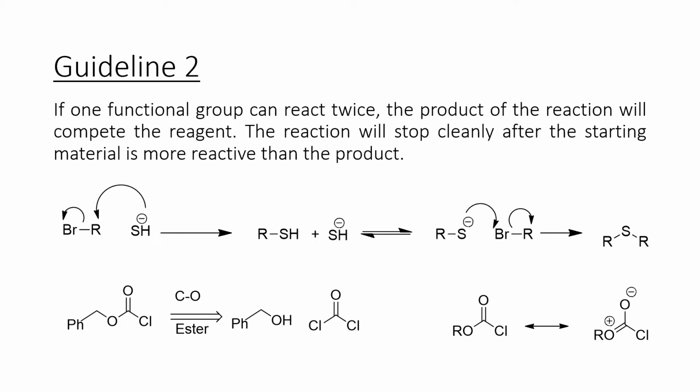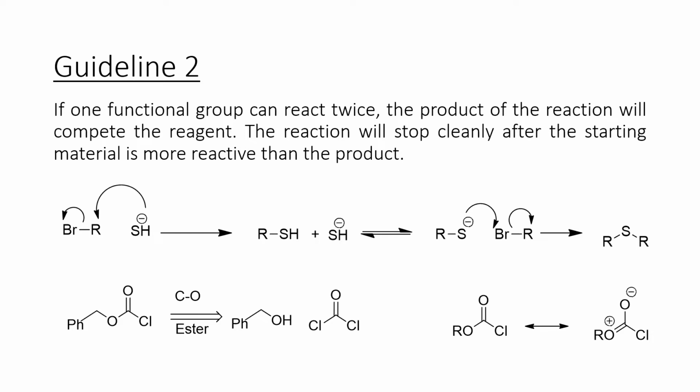In the second step, you can see when a base will abstract a proton from RSH and it will form RS minus, while the SH will also lose another proton, or the H2S is the starting material, so it will again lose a proton and it will form SH minus.